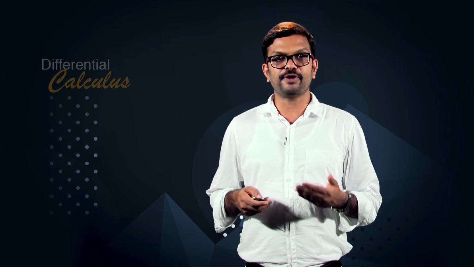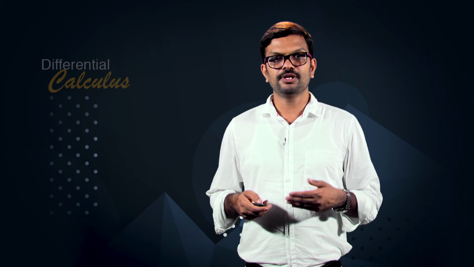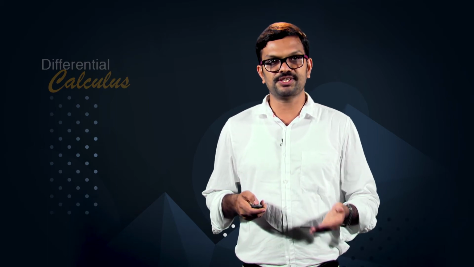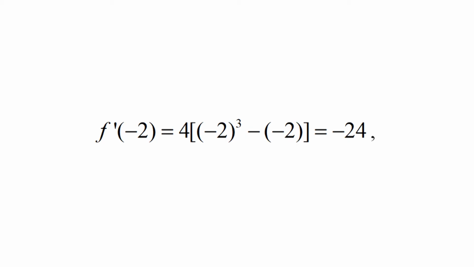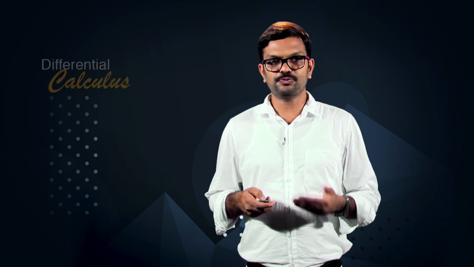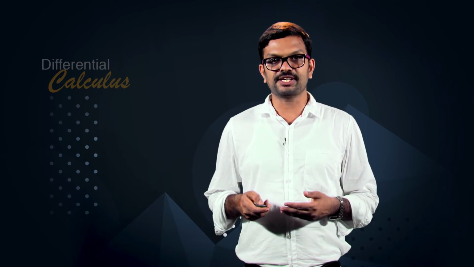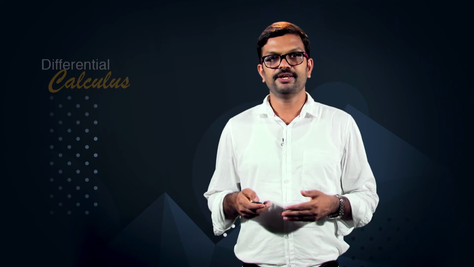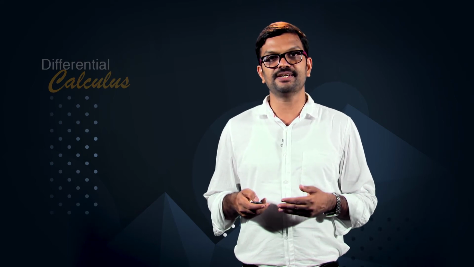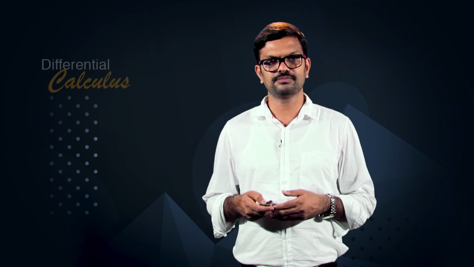To see the behavior of f'(x) in this interval, we choose any point, say x equal to minus 2, and obtain that f'(minus 2) is equal to 4 times minus 2 whole cubed minus minus 2, which is equal to minus 24, a negative number. Thus, f'(x) is negative throughout the interval minus infinity to minus 1, so that f(x) is strictly decreasing in minus infinity to minus 1.